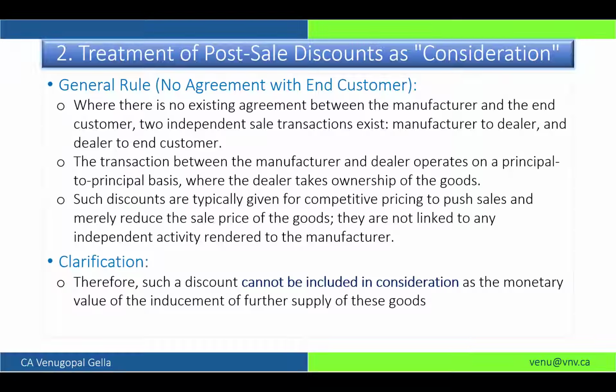Now the question the department has is, the customer has paid 1 lakh to the shop owner. The manufacturer has paid 20,000 rupees to the shop owner. What is the GST to be charged on? Now you may say, from the customer I collected only 1 lakh, so GST should be on 1 lakh.